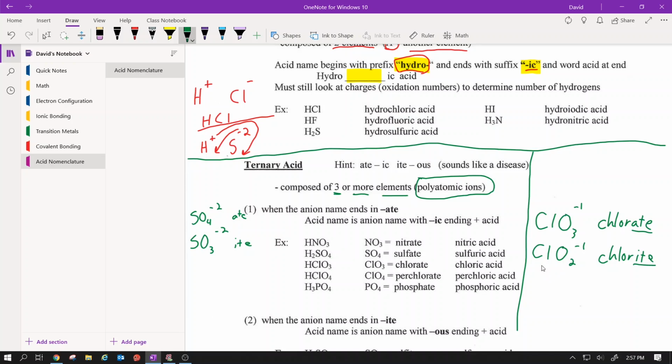Now, if you go down 1 more, ClO, in this case 1, and so we won't write it, and still with the -1 charge, that is going to be hypochlorite.